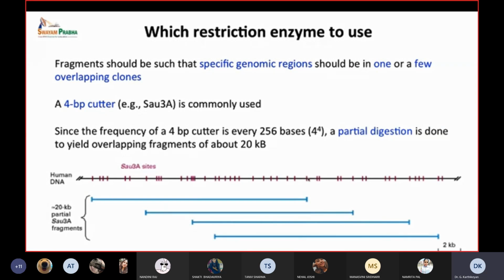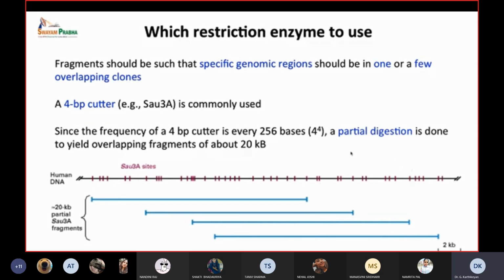And that is because of the codon bias of the genome, which may be more GC rich. So if we let Sau3AI cut this genomic fragment completely, there will be many small genomic fragments, and it will be very difficult to reconstruct the sequence of this entire fragment.